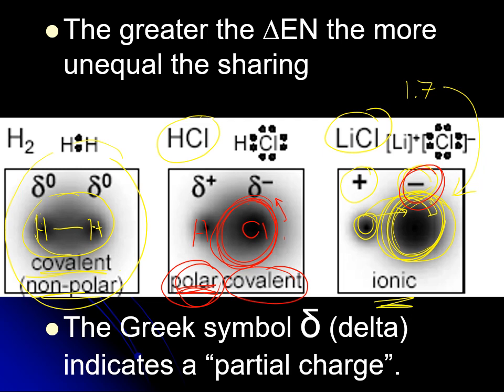It looks like a curvy D or an S, with a negative. That means it is partially charged. It's not an ion yet. It's a partially charged atom. It is hogging the electron. So if we're drawing our Lewis structure, they would still have a line between them representing the bond, but they are partially charged. Hydrogen has its electrons being pulled away from it, and so it is partially positively charged.